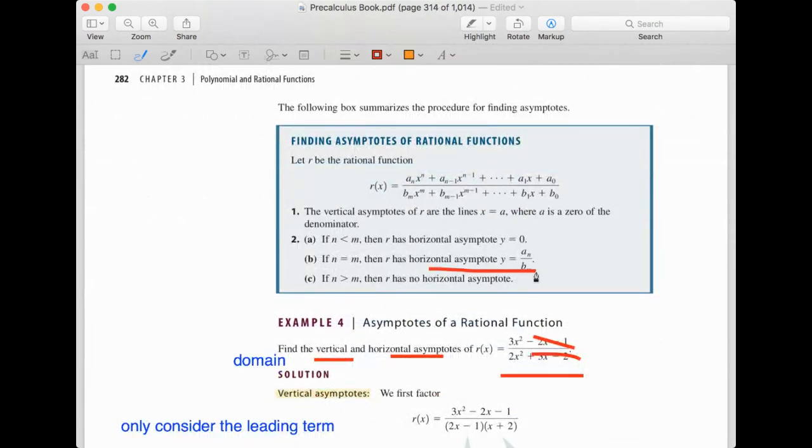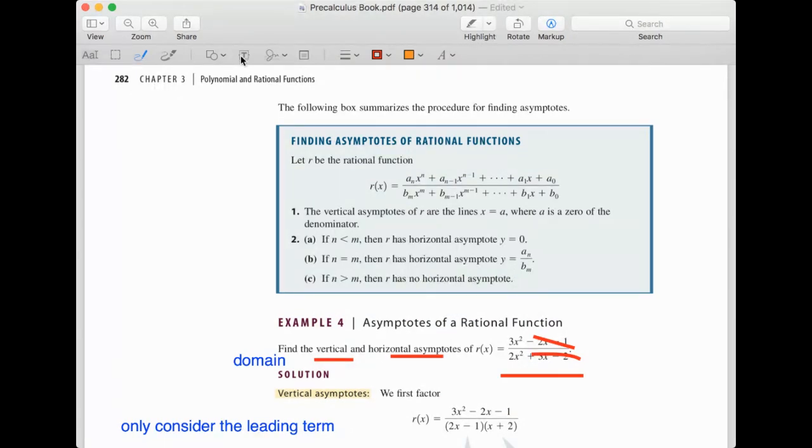If n equals m, the horizontal asymptote is just a_n divided by b_m. But if the degree is different, let's see. If the degree of the numerator is less than the degree of the denominator, the horizontal asymptote is y equals 0, as we saw before with 5x. If the degree of the numerator is bigger than the degree of the denominator, then there is no horizontal asymptote.